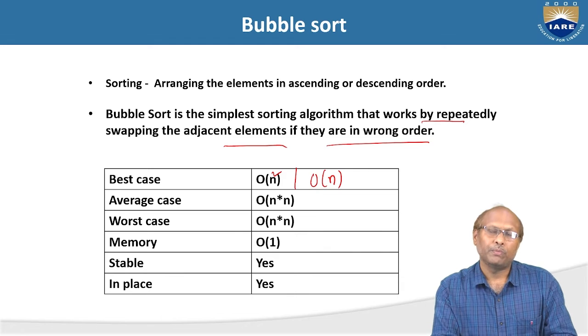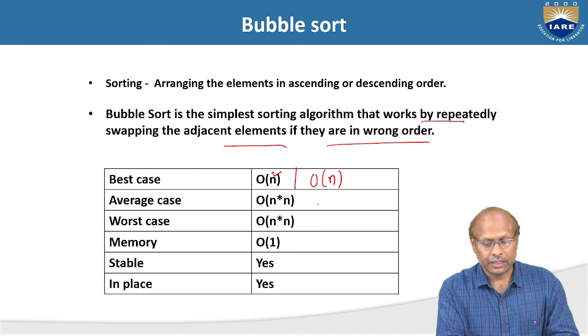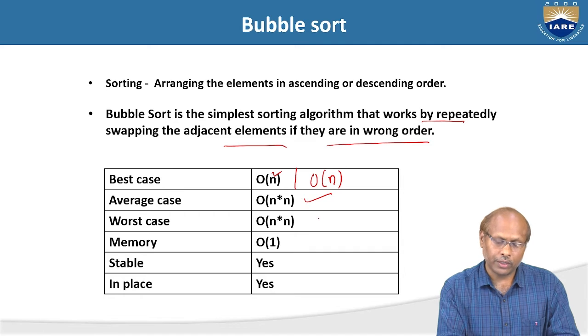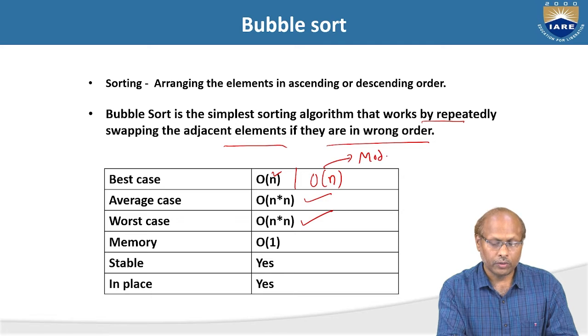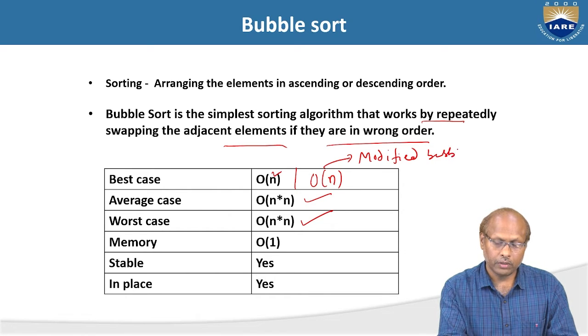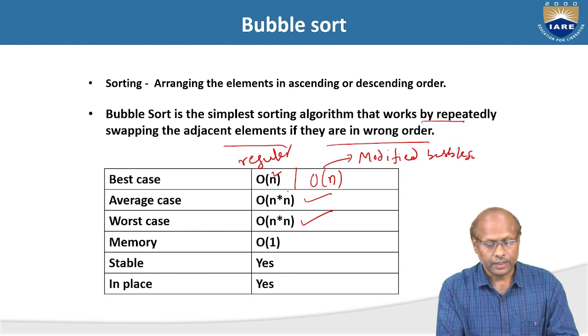If you want to speed up, you can use modified bubble sort. In the modified bubble sort, the best case is order of n, the average case time complexity is order of n square, and the worst case is order of n square. This is for modified bubble sort. For the regular bubble sort, it is order of n square.